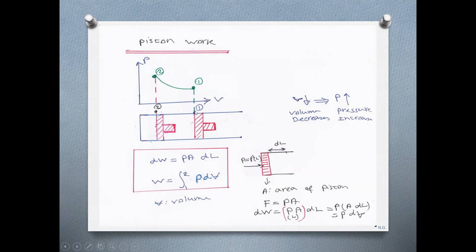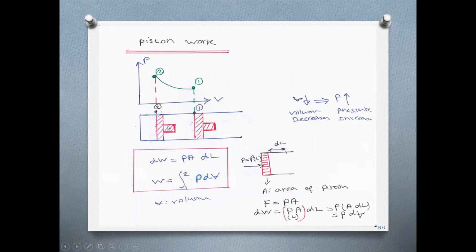At state 1, we are here with V1 and P1. Then you go from state 1 to state 2, and there will be compression. P2 is larger than P1, so pressure increases, and V2 is less than V1, so volume decreases as you go from 1 to 2.